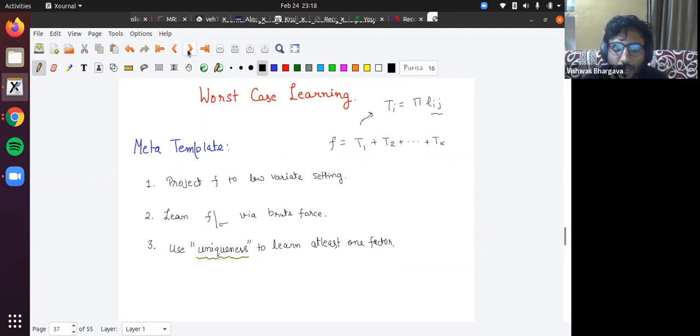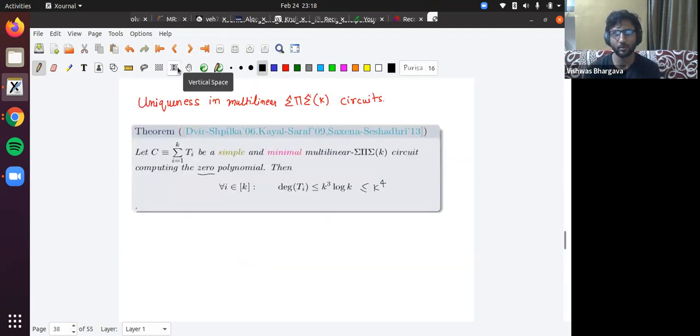Let me elaborate on that. What's the uniqueness I'm talking about? Let me talk about multilinear depth 3 circuits. That uniqueness comes from something called rank bounds. These are well-studied objects in the PIT literature. It says if you have a depth 3 circuit which is simple and minimal, and it computes a zero polynomial, so T1, T2, let's say up to T10, and this computes zero.